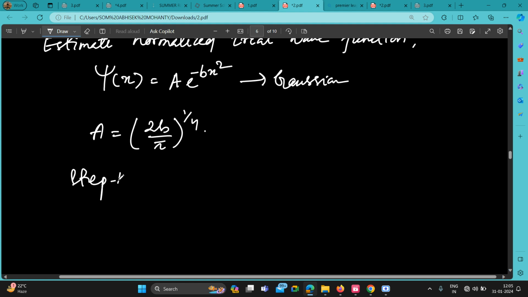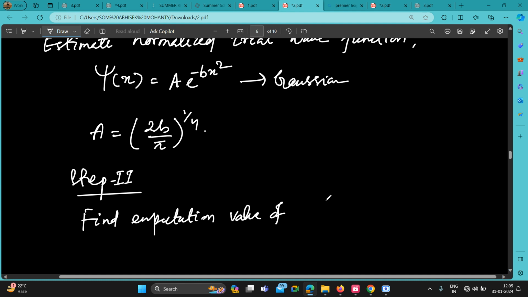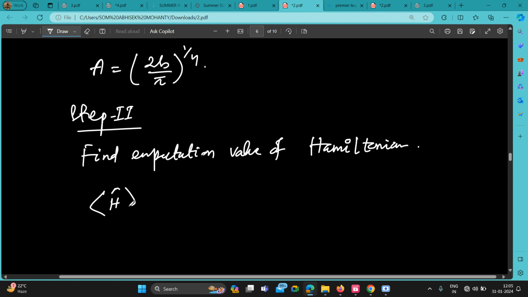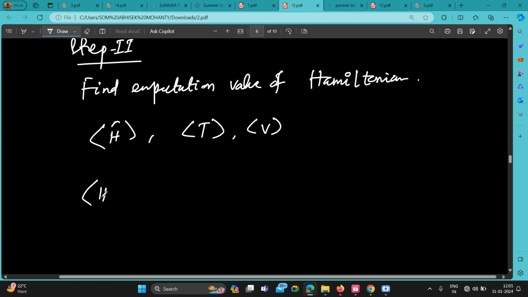Step 2 is to find the expectation value of the Hamiltonian. That means H. Then also of kinetic energy and potential energy. So we can write H is equal to kinetic energy plus potential energy. Okay.